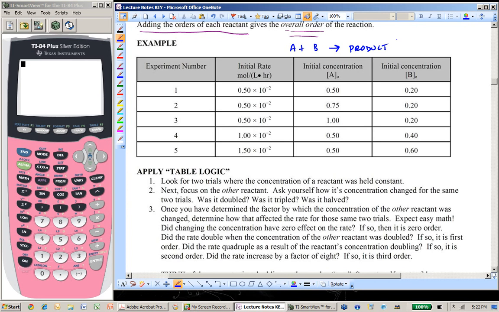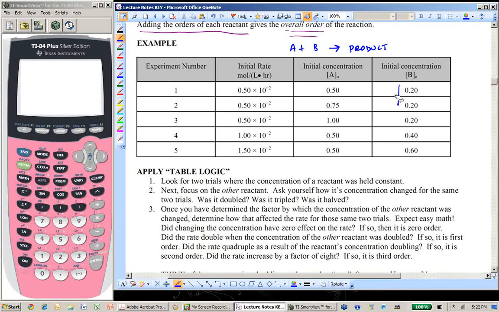But if you have two reactants, you better hold one constant while you vary the other, and then a well-designed experiment would indeed hold constant what you varied and vary what you had held constant. So I'm looking at this data table, and I'm looking for a couple of trials where something was held constant somewhere, and I found them.